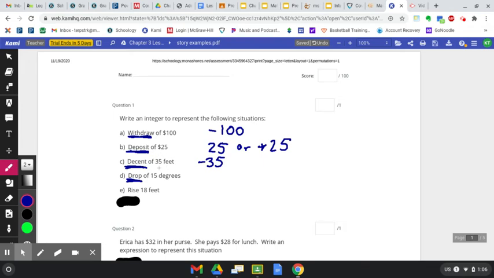So you hear that a lot with like a mountain climber or an airplane descending to the ground. We got to know that that is negative. Ascending would be going up. A drop of 15 degrees, right? That would be positive 15. And a rise of 18 feet would be positive 18.